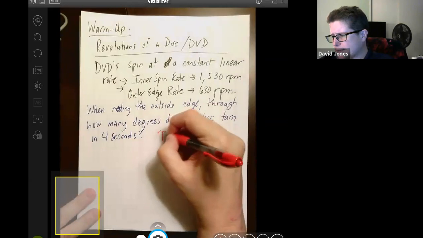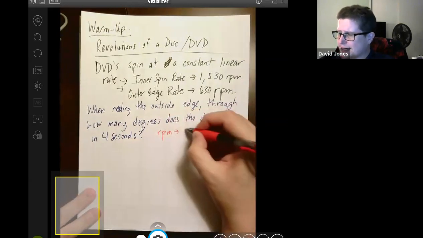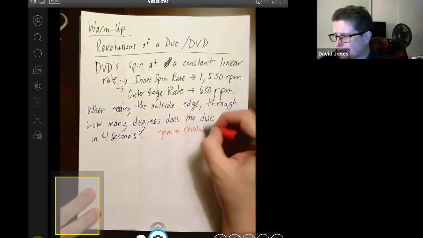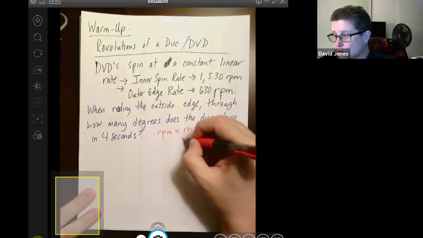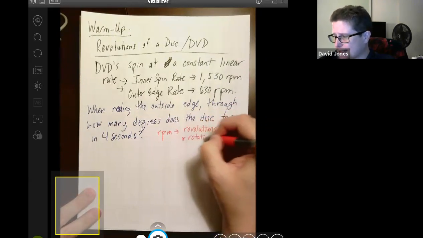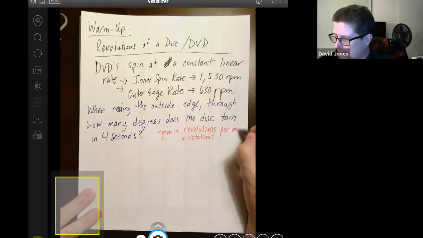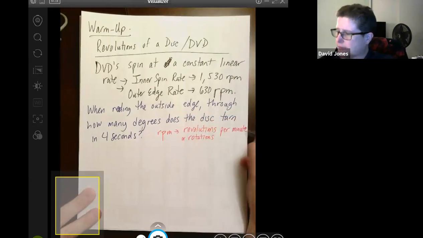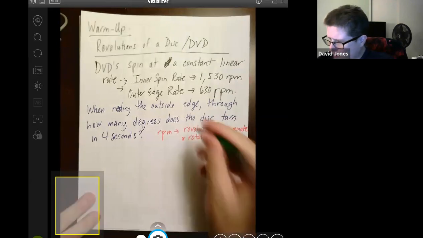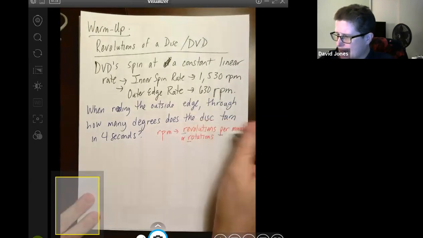So RPM, this is either revolutions or rotations. They mean the same thing in terms of a circle per minute. RPM.